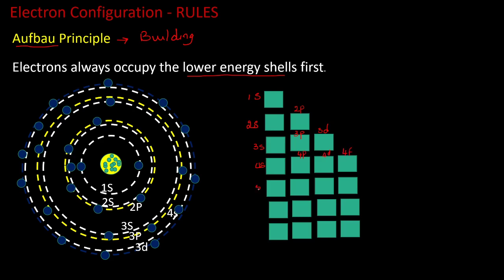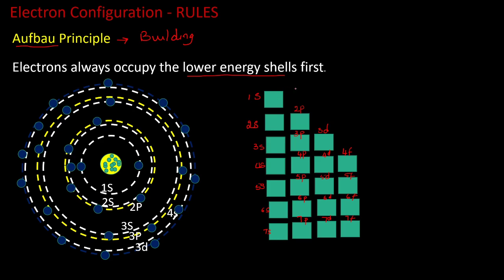Then we have 5s, 5p, 5d and 5f. Similarly, we have 6s, 6p, 6d and 6f, 7s, 7p, 7d and 7f. Now if we want to know how the electrons are filled, it is very easy. We start filling our electrons from 1s, moving from the right hand top corner to the left hand bottom.